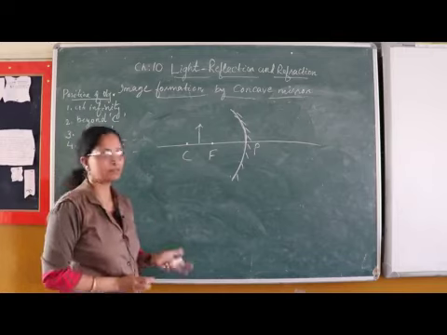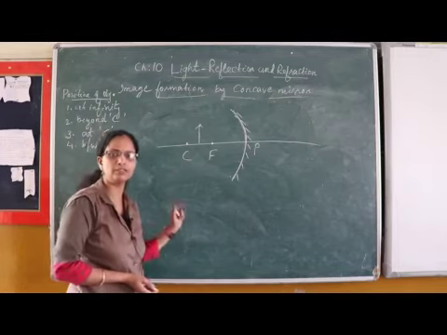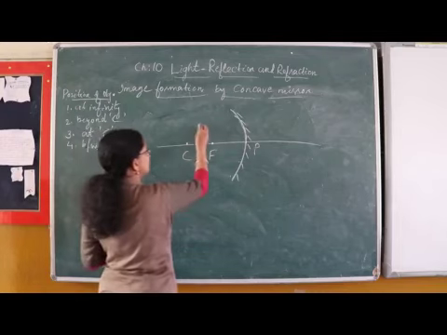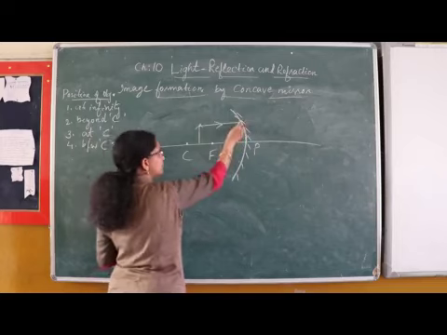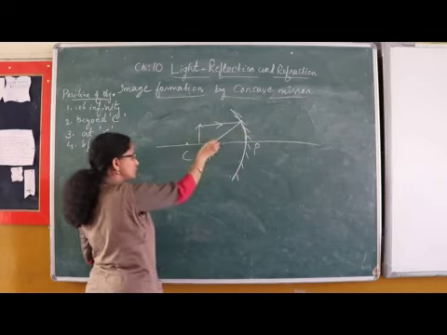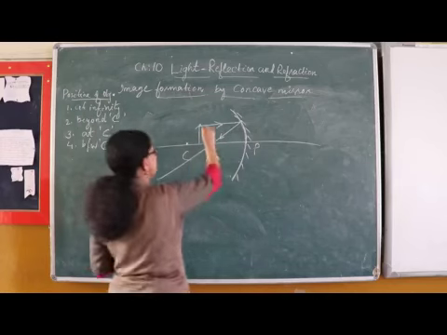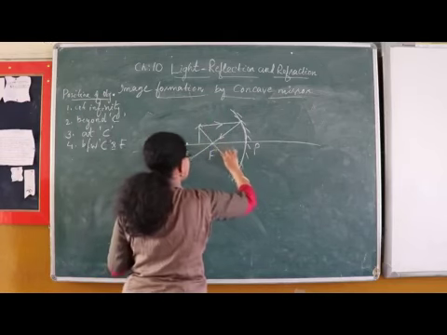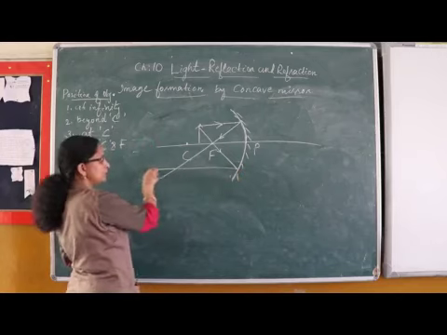Again we are considering the same two rays. Any two rays we can consider out of the four that we discussed earlier. Here again the ray I am taking is one going parallel to the principal axis, after reflection passing through the principal focus like this, and another one passing through the focus, which after striking the mirror becomes parallel to the principal axis.